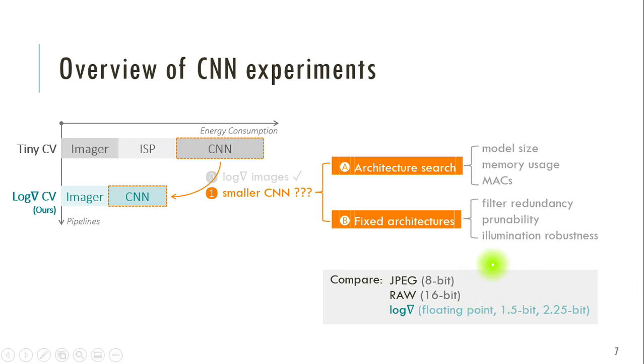And at last, the log gradients. For the log gradients, we checked 3 precisions. First one is the expensive floating point, and next is a 1.5-bit precision. That's 2 quantization levels. And the last one, 2.25, that's 4 quantization levels.